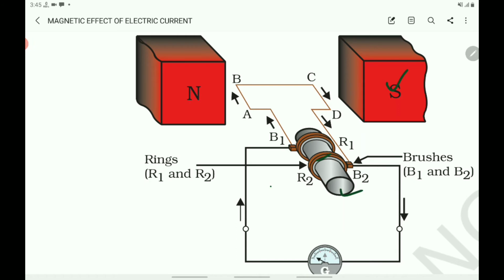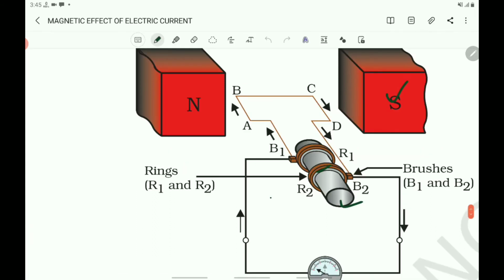Here what happens? Initially the coil was in horizontal position, and as the axle rotates by using the external source of energy, the coil is rotated clockwise. The coil cuts the magnetic lines of force.